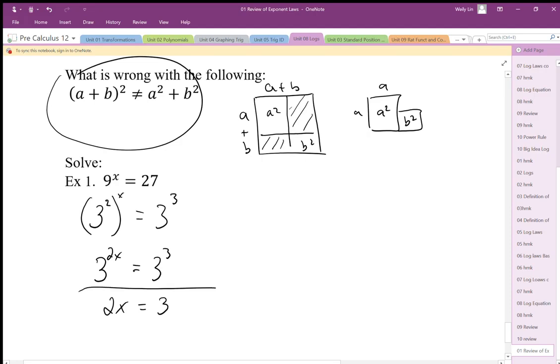And if I make this equality, I can solve for x. x is 3 over 2. And if you try this in your calculator, 9 to the power 3 over 2, you will get 27. We'll look at this a little bit more as we move into this unit.